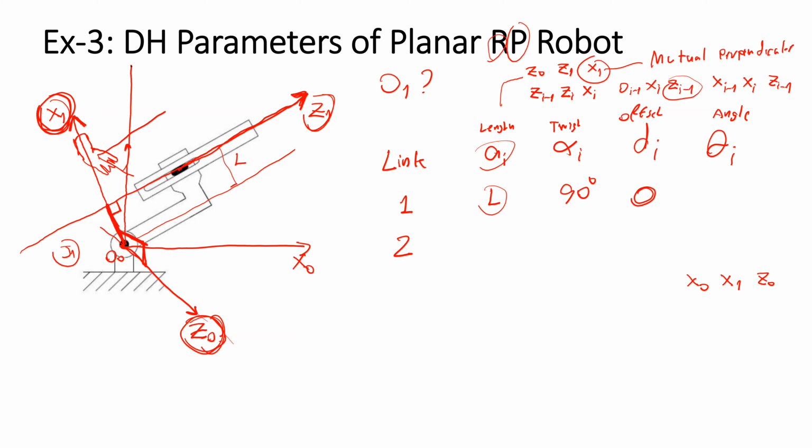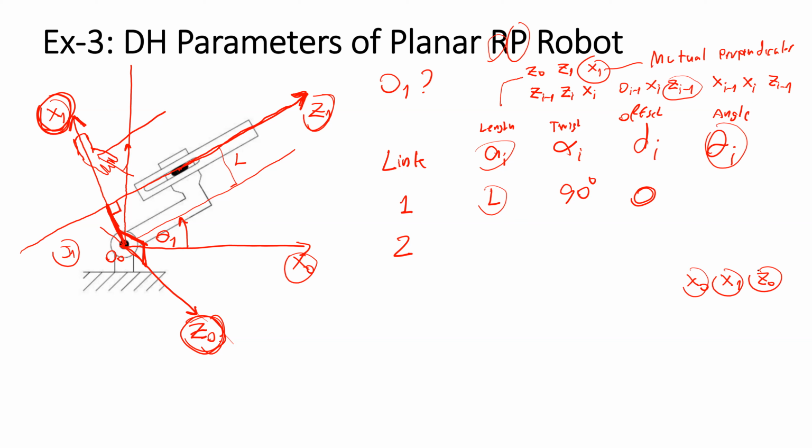But if you set x0 to this direction, please keep in mind that the joint angle driven by the actuator will affect the joint angle. But in this case, the real joint angle is the angle difference between x0 and x1 about c0.